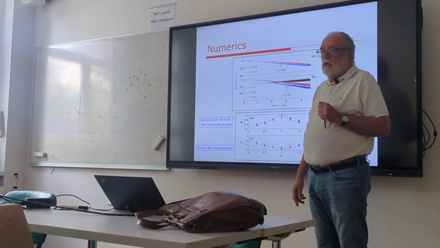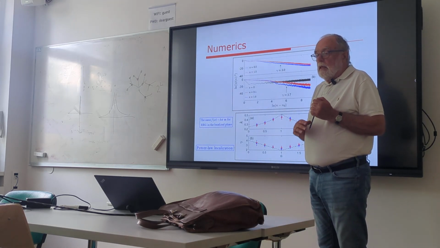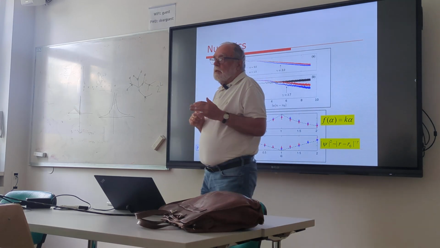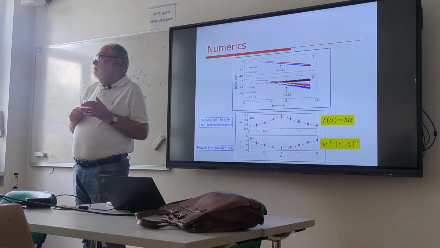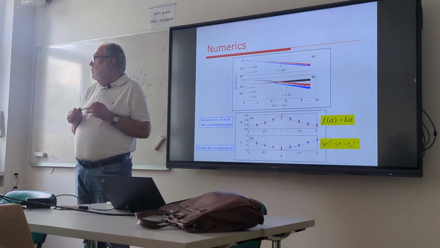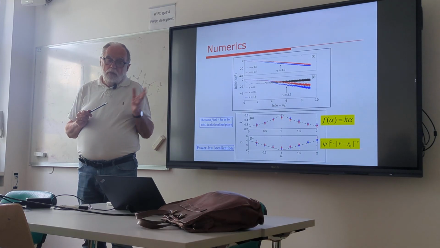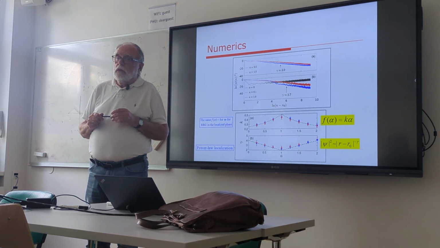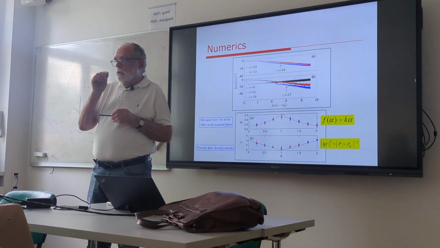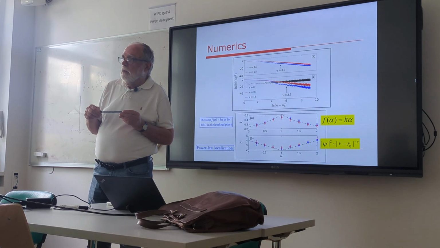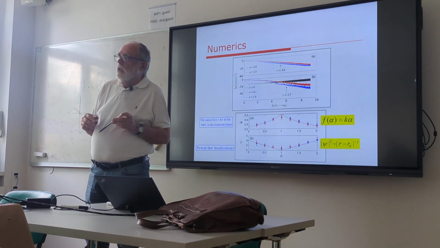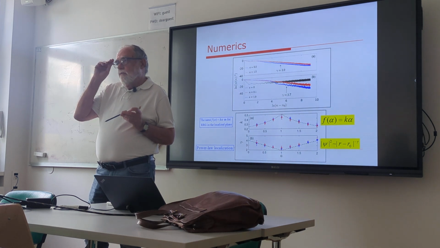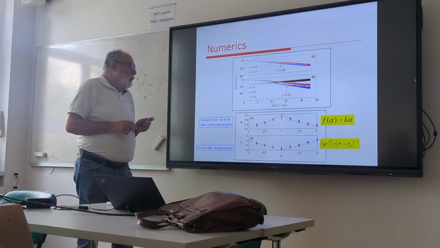For A smaller than 1, I can tell you even more. There was a paper, I think some 5 years before I was involved in that, by Eugene Bogomolny, who is in fact a math physicist.